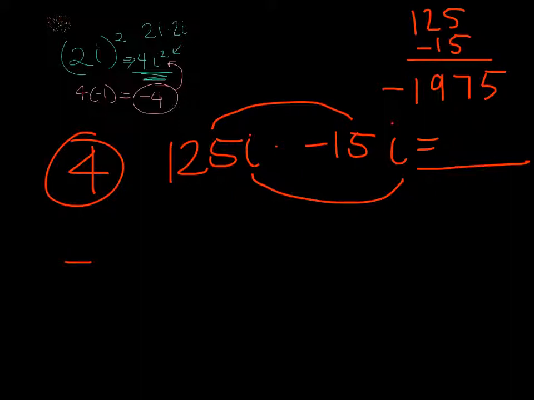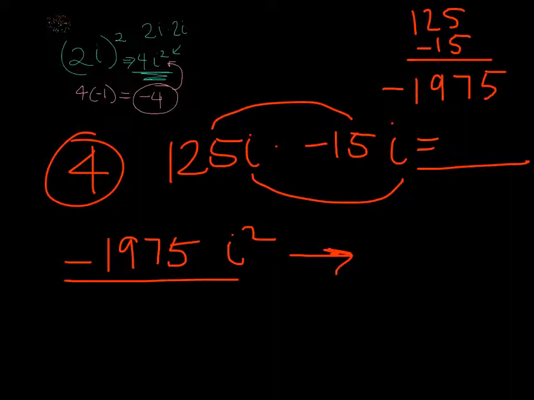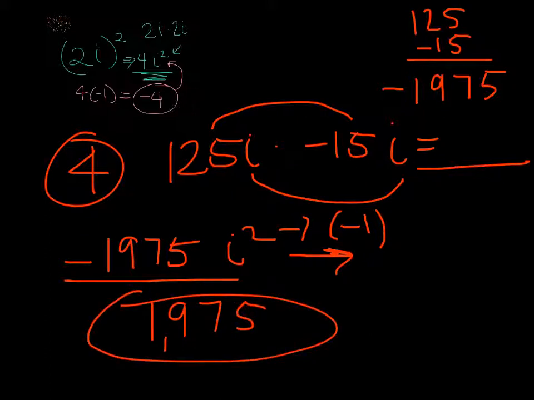So we have -1875, and then we have our i squared. Therefore, this leads into our -1. As we know, i squared is -1, and we multiply it times a negative number, we get a positive number. So we end up getting 1,875 as our final answer.